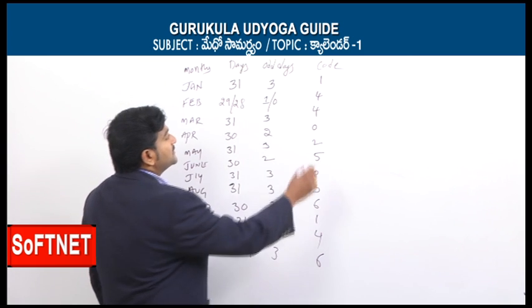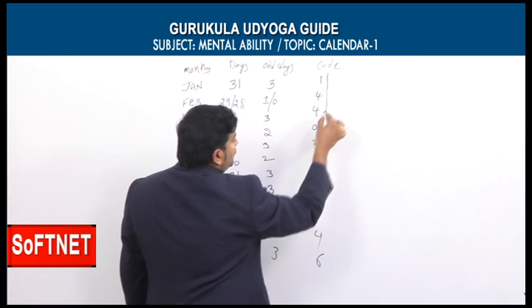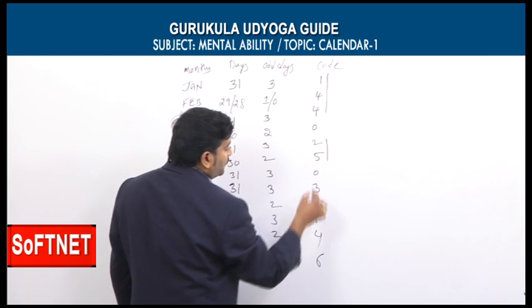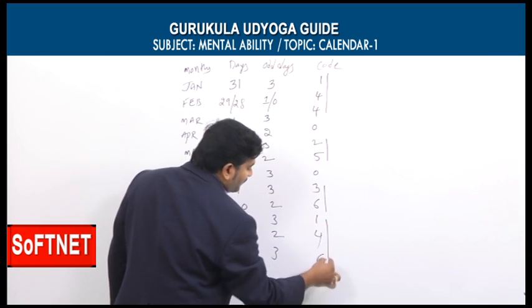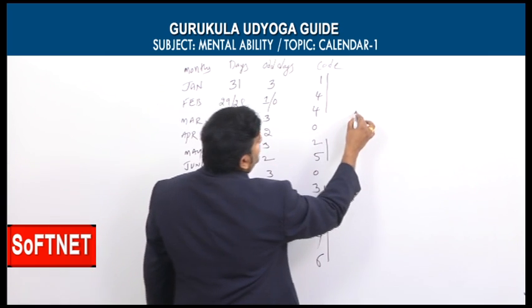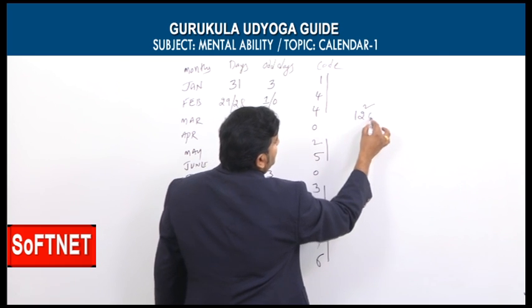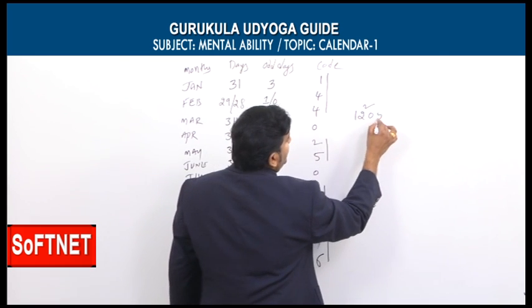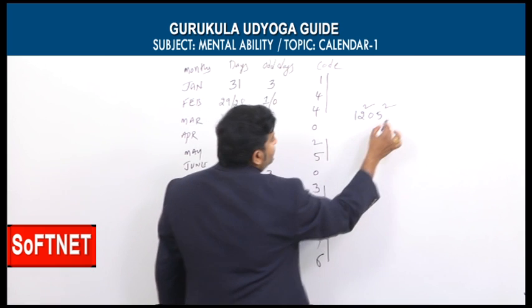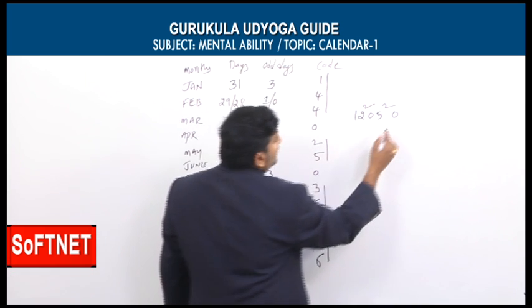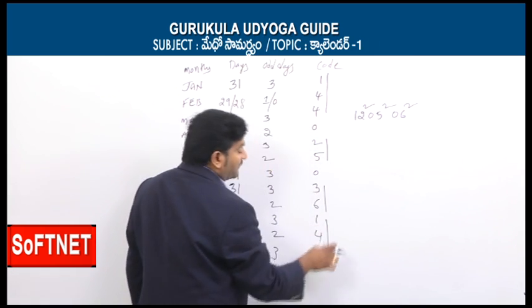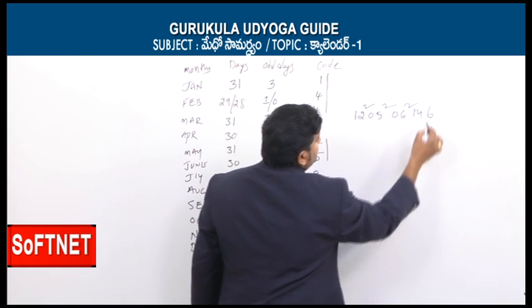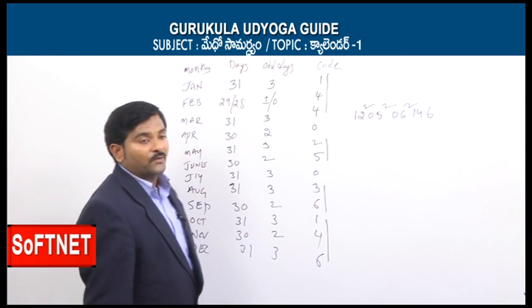So just now I told you there is a flexibility in the months. Observe these month codes: 144, 025, 036, 146. 144 can be written as simply 12 square. 025 can be written as 5 square. Similarly, 036 can be written as 6 square. Finally, we have 3 months, that is 1, 4, 6.